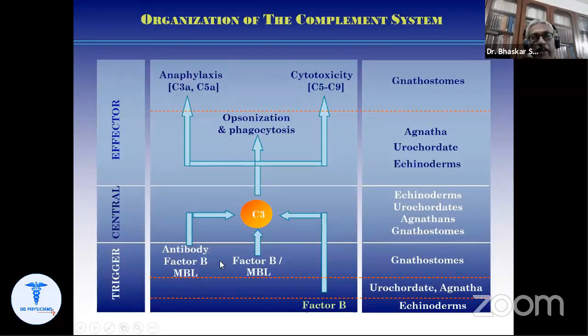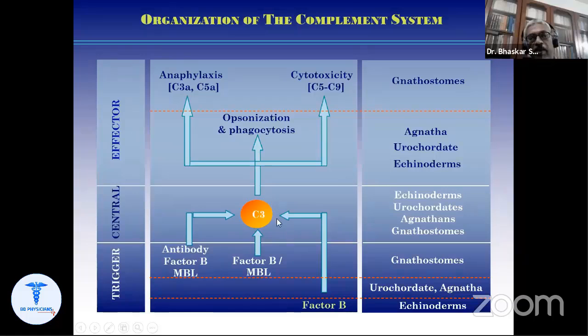Alternatively, there is factor B or mannose binding lectins, which can also activate these complements, and they lead to the activation of C3 convertases, which work on the C3 component of complement and release C3a and C3b. C3a is an anaphylatoxin, and so is C5a.